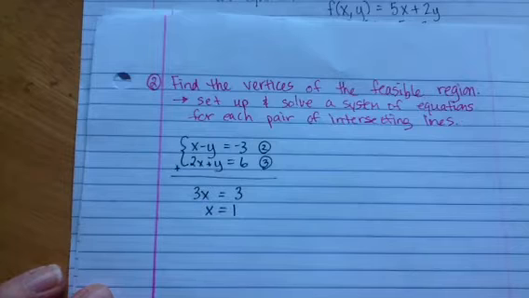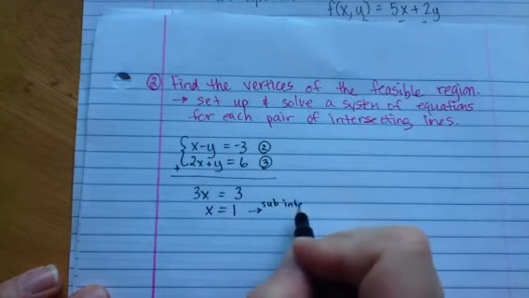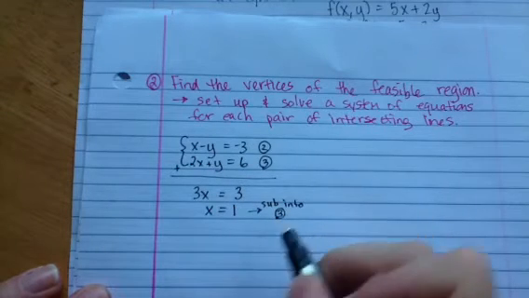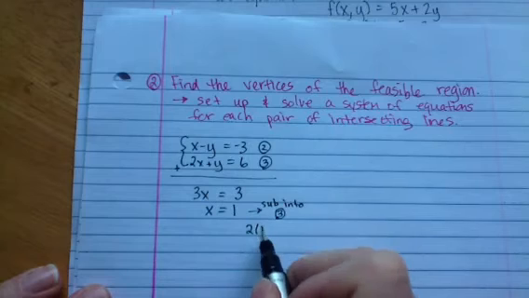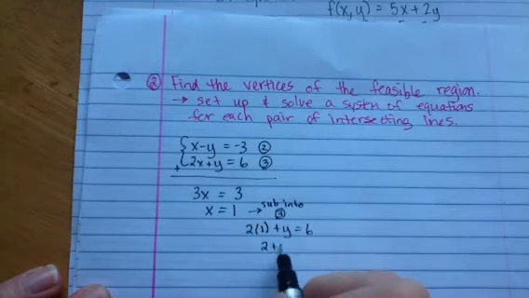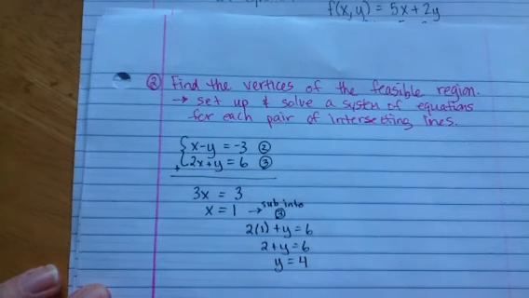To get the y coordinate, remember I'm going to sub that in to one of my equations, so let's go ahead and put that into equation 3 there. So 2 times x, which is 1, plus y equals 6. That's 2 plus y equals 6, which gives me that y equals 4.